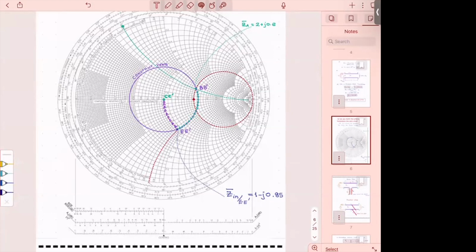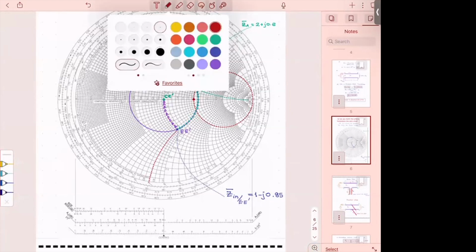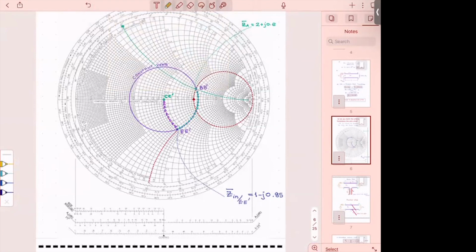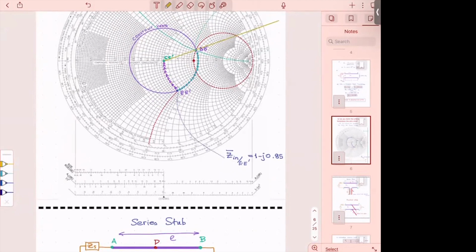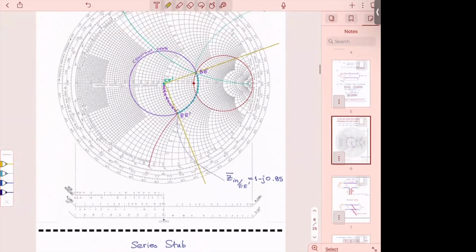Okay, so here I'm going to use a different color so you can differentiate it. I'm going to draw 2 lines. One line is going to be from the center of the Smith chart through my starting point. I started at BB prime. And the other is going to be from the center of the Smith chart through my endpoint where I stopped. And that's EE prime. So what I remember is that I started here and I ended up here as I was moving.